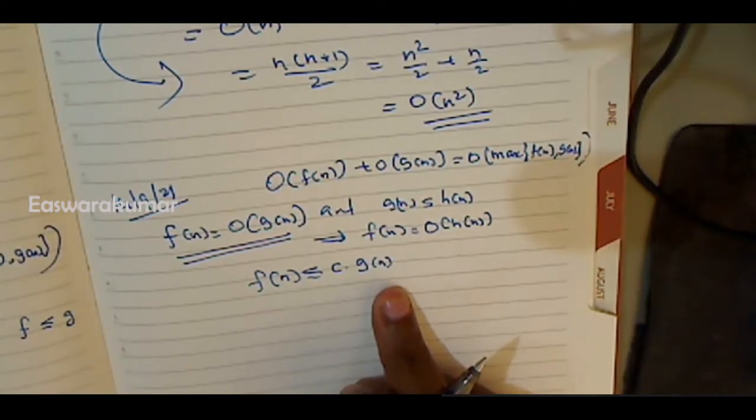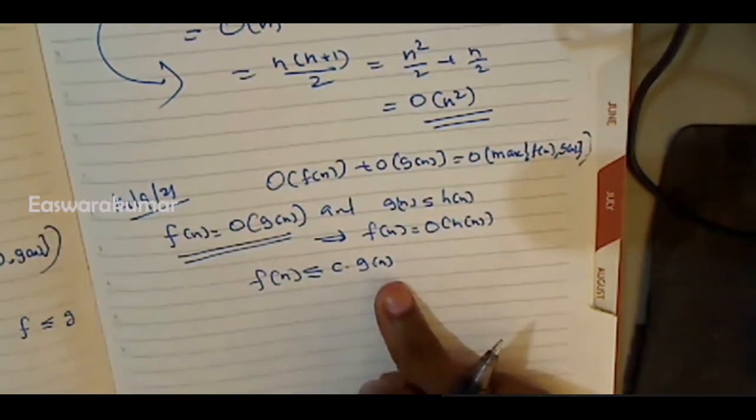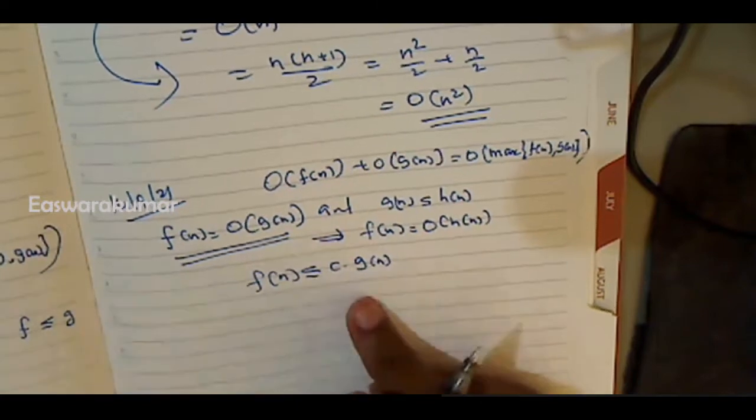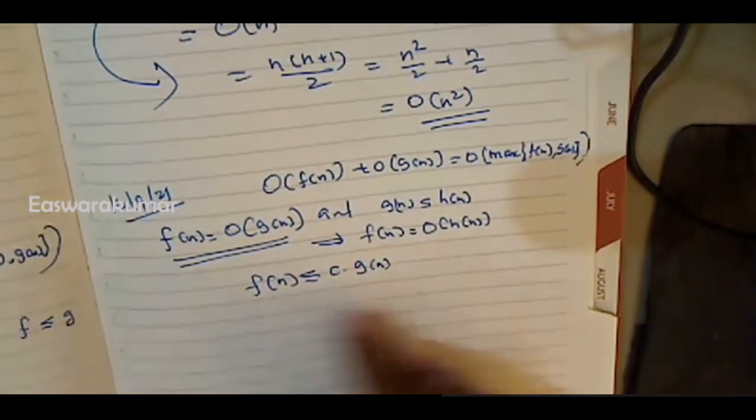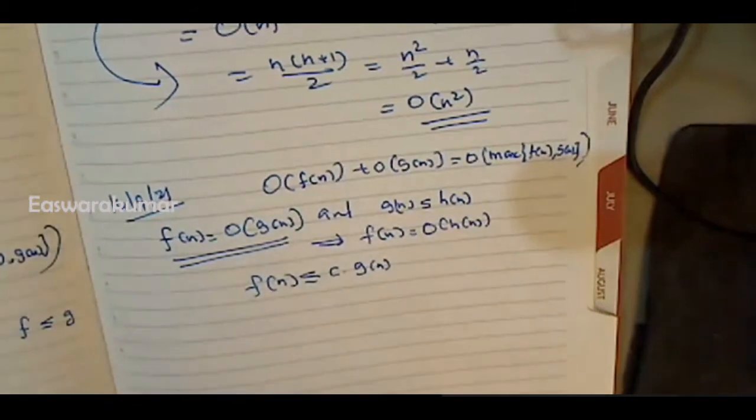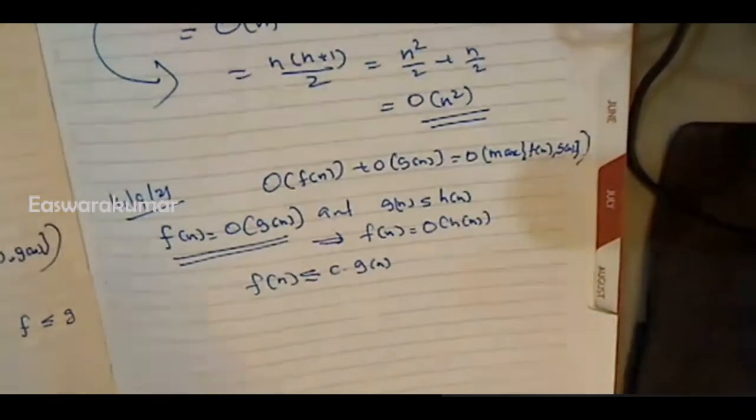So there exists a constant c belonging to R and n naught belonging to N, such that this inequality holds good for all values of n greater than n naught. So you have to assume that whenever I am writing like this, all these factors are there. But for the derivation purpose, we are taking only the inequality because that is sufficient. Other things are assumed to be there.